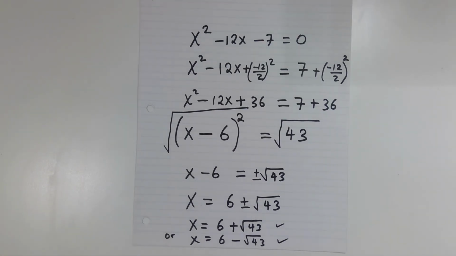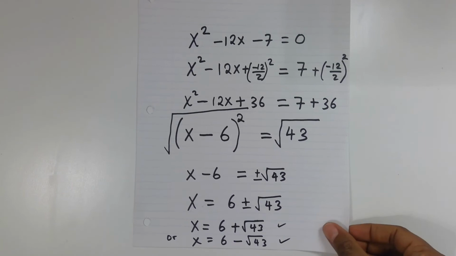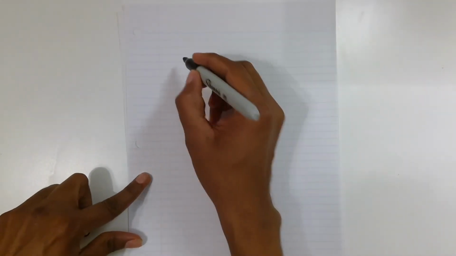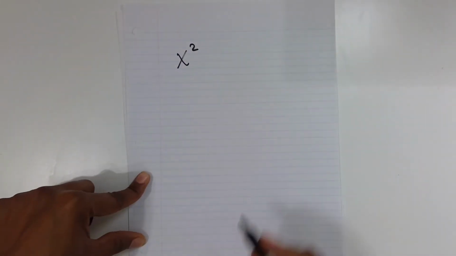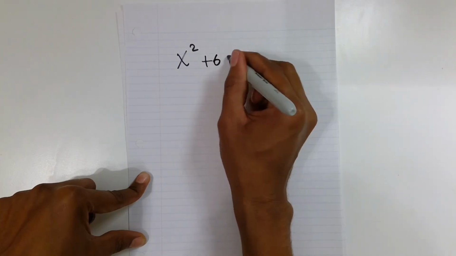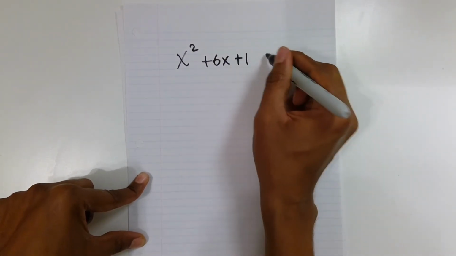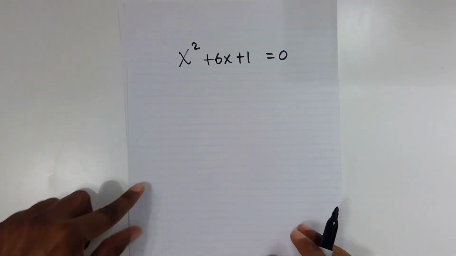Okay, let's do one more example. X squared plus 6x plus 1 is equal to 0.